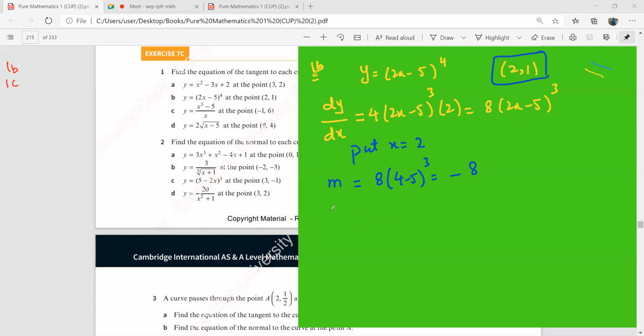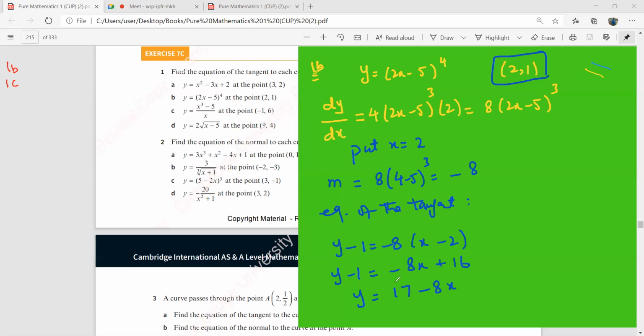The equation of the tangent is y minus y1 equals m into (x minus x1). So y minus 1 equals minus 8x plus 16, so y is equal to 17 minus 8x. That is the required equation of the tangent.